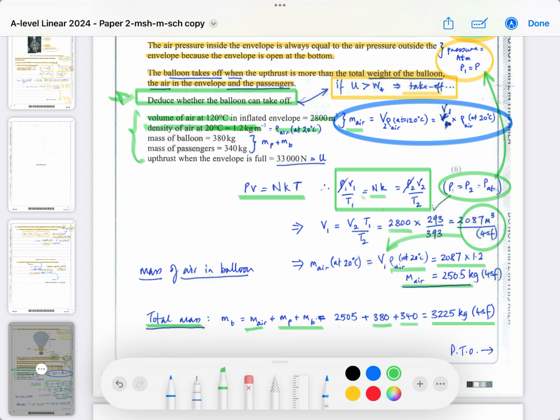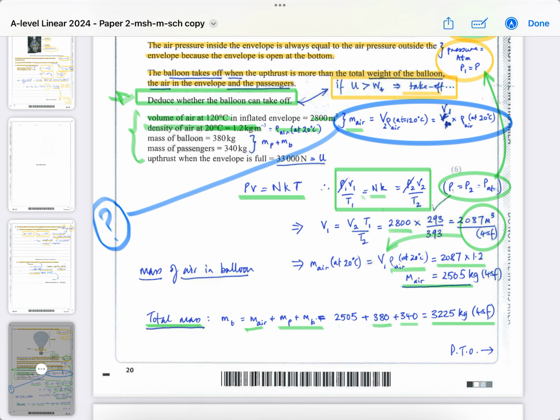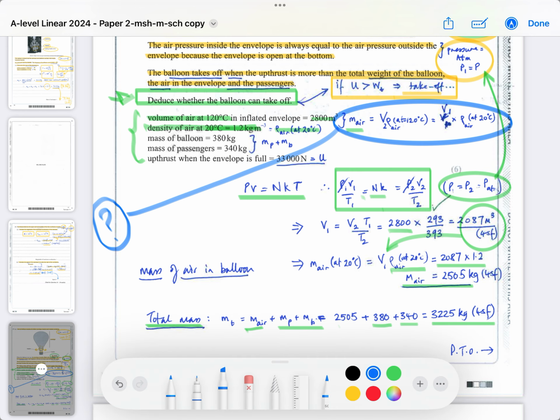I'm just wondering if I have confused anyone with this blue bit. Are you aware of this bit? So is the mass of air constant? Yeah. So if the density goes down, the volume was higher, the density was lower.